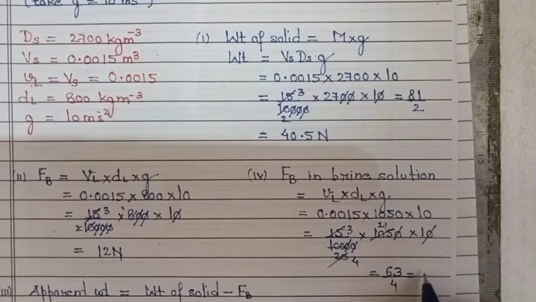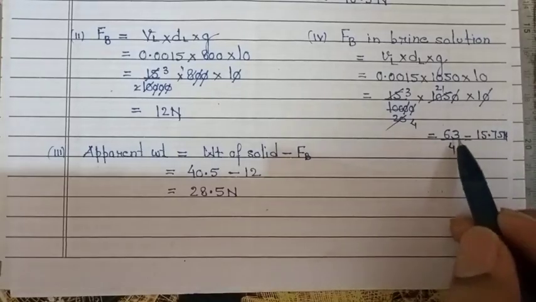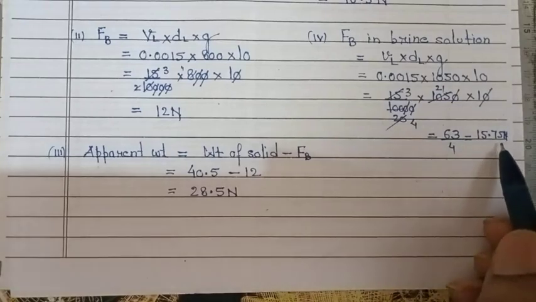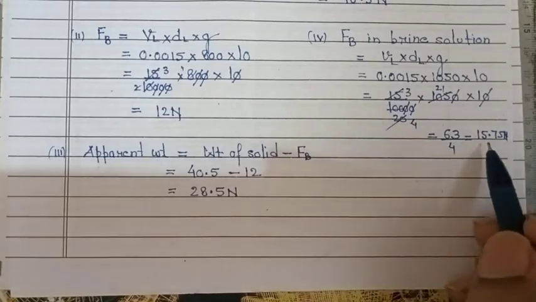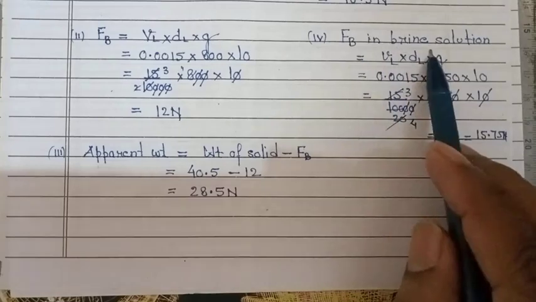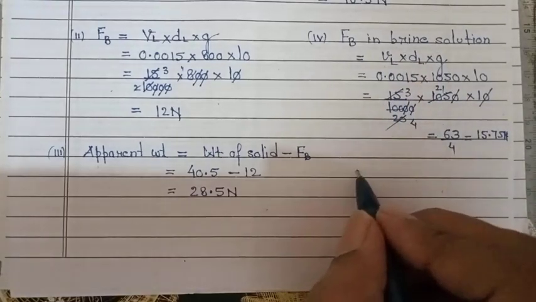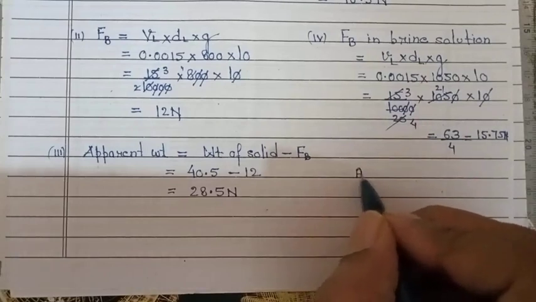So when you divide it by 4, you will be getting 63 divided by 4. So upthrust 63 upon 4 gave us 15.75 Newton. Now this is upthrust in brine solution. So as upthrust has changed, so let's find apparent weight in brine solution.